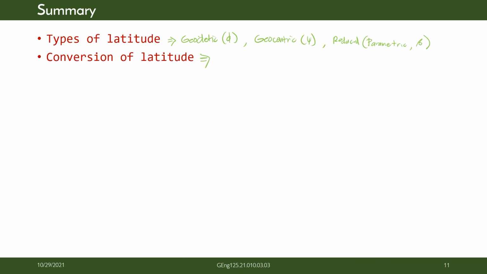The importance of the conversion is you need to have at least the ellipsoidal parameters. It could be the flattening, or it could be the semi-major or semi-minor axis.